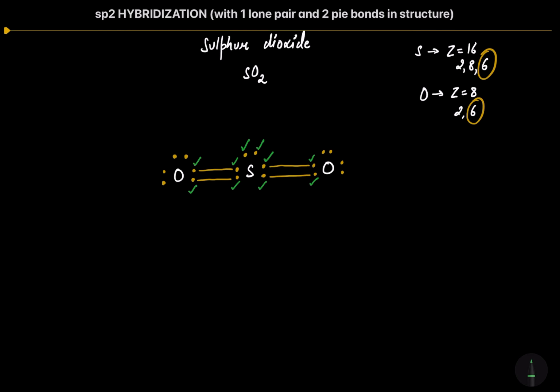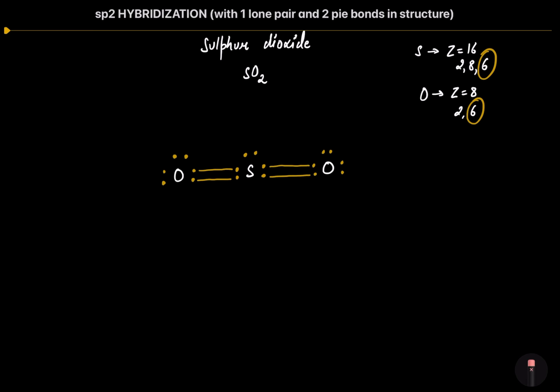So this is the case of an expanded octet, where sulfur has 10 electrons in its valence shell after the formation of 4 bonds with 2 oxygen atoms. Why is it a case of expanded octet? Why does sulfur have 10 electrons in its valence shell? That's because sulfur has extra 3d orbitals for the expansion of the octet, which we will study in the hybridization.